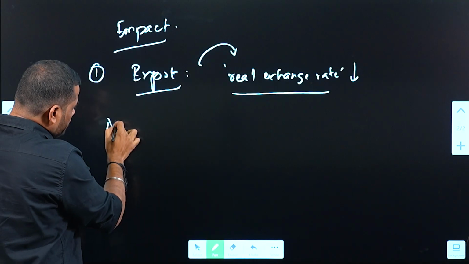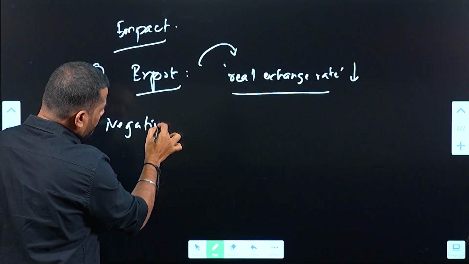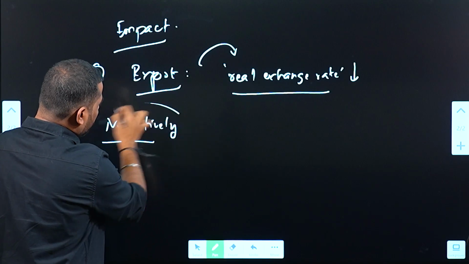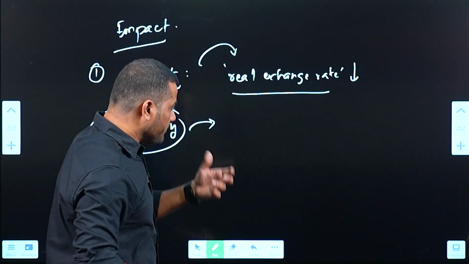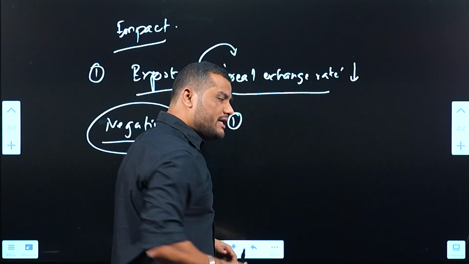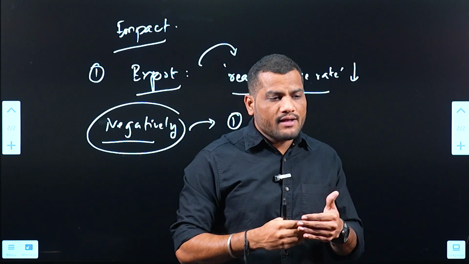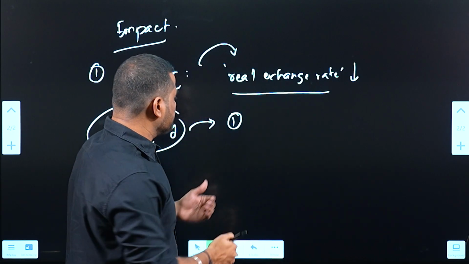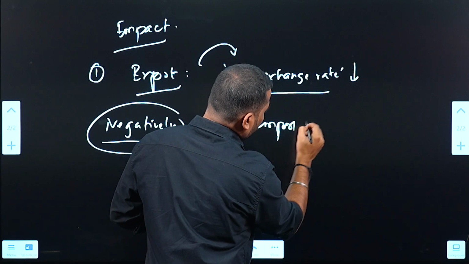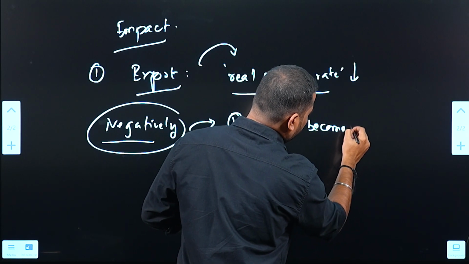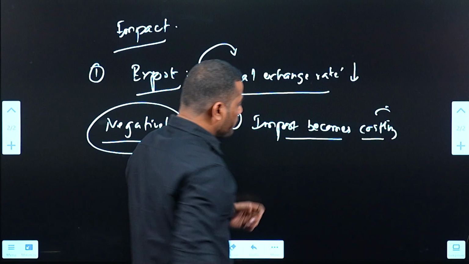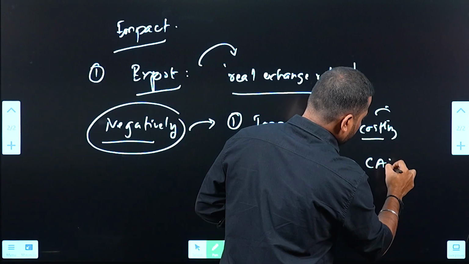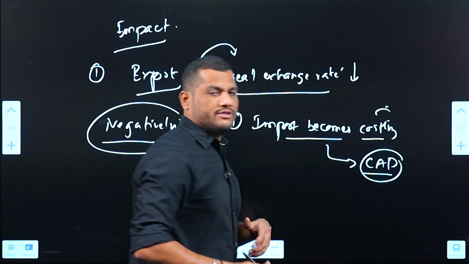But how does it also impact negatively? How does the depreciation of the rupee impact negatively? One, India is majorly an importing country, meaning India doesn't export more than it imports. Because of this, imports become costly in terms of Indian currency. Whenever imports become costly, India will experience a current account deficit. Why?